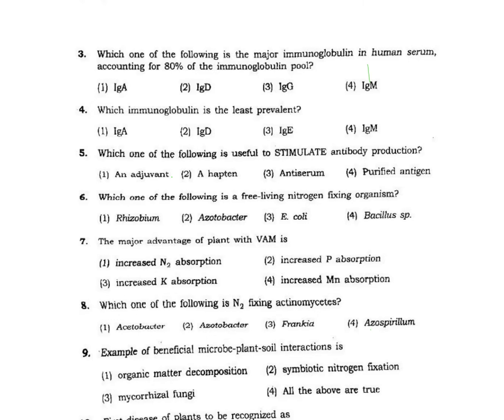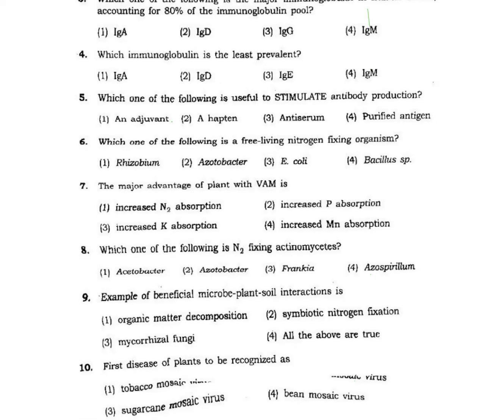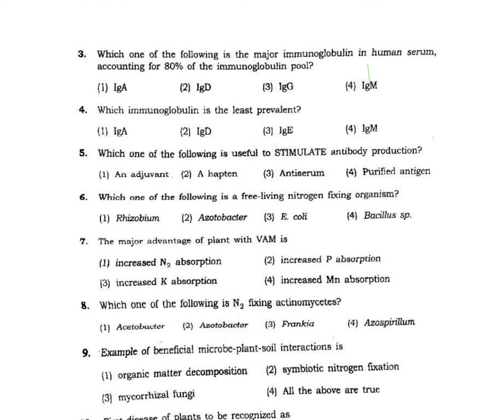Question number 3 is again from immunology. So that means immunology is the favorite topic of the paper setters. Question number 3 says, which one of the following is the major immunoglobulin in human serum, accounting for 80% of the immunoglobulin pool? Option 1, IgA; IgD; IgG; and IgM.